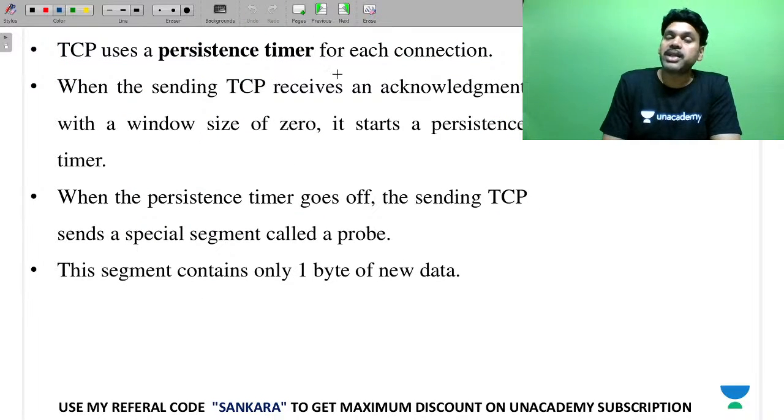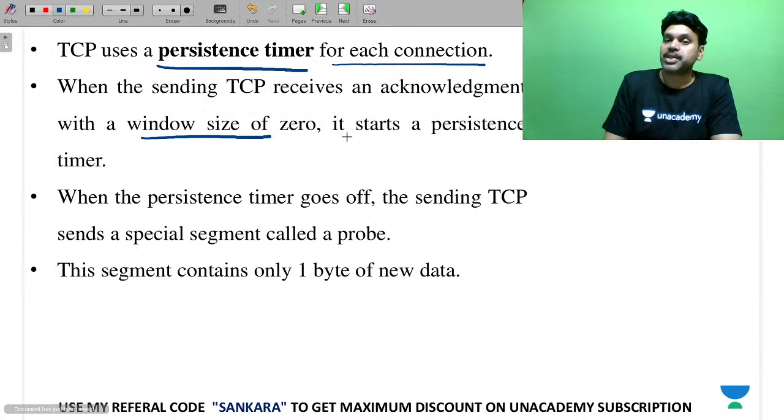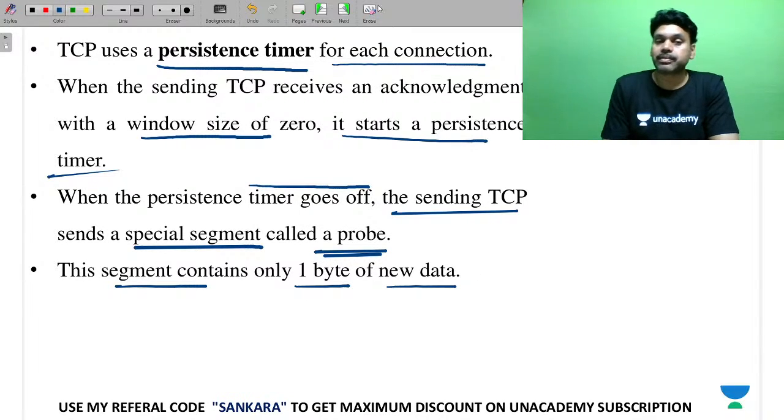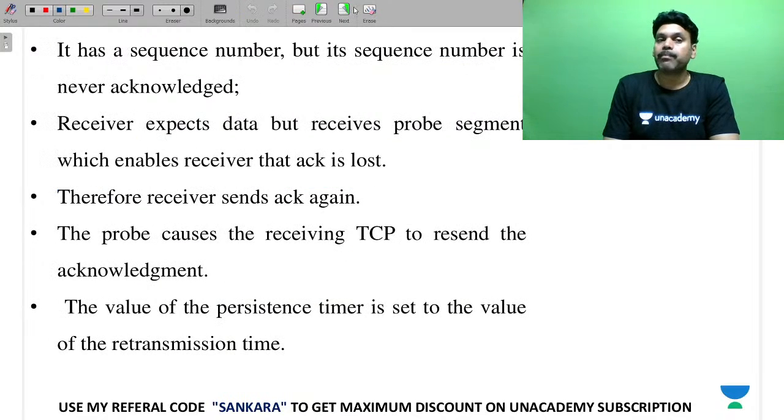So to avoid the deadlock situation, the persistent timer is started whenever you receive a 0 byte advertisement window. It starts the persistent timer, and when the timer goes off, then the sending TCP sends a special segment called a probe. The probe segment consists of 1 byte of new data.